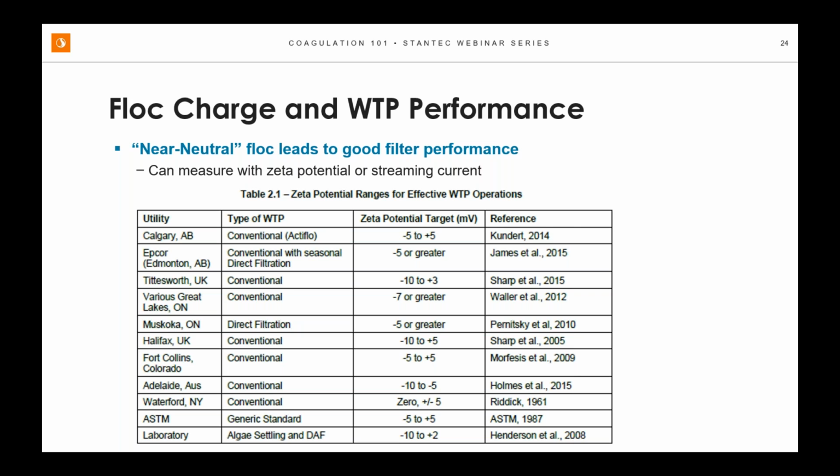And there's a whole bunch of studies where people have shown the ranges of zeta potential or particle charge that different real plants have found where the plant actually works well in practice. So we don't have to be at zero. There's a lot of plants here that show that at -7 or -5, things are working well.